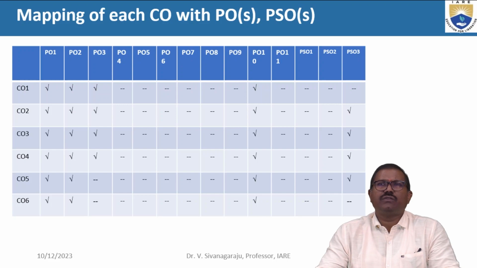Now, mapping of each CO with POs and PSOs. Here, which POs are going to map with these PSOs and POs? The six COs are going to map with any of these 12 POs and 3 PSOs.